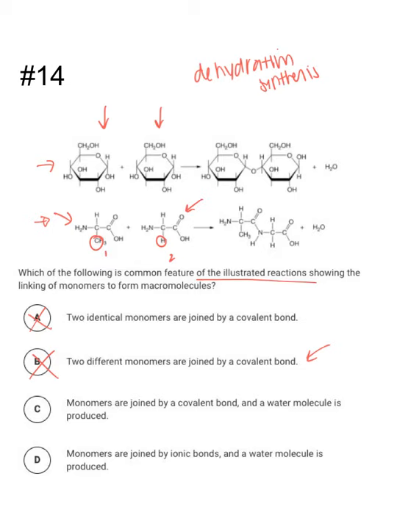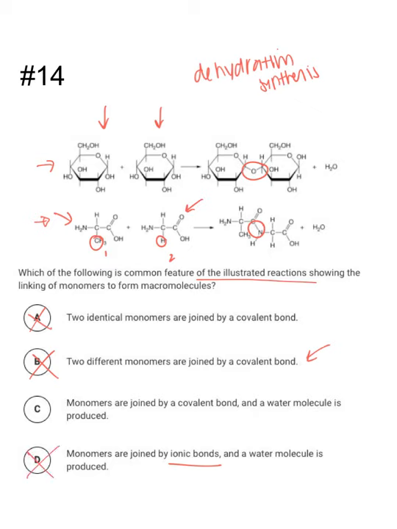Now looking at C and D. D says that monomers are joined by ionic bonds. Now we look at this bond here and this bond here that is formed, and neither of these are ionic bonds. These are both covalent bonds. And when we have a dehydration synthesis reaction, monomers are always joined by covalent bonds.